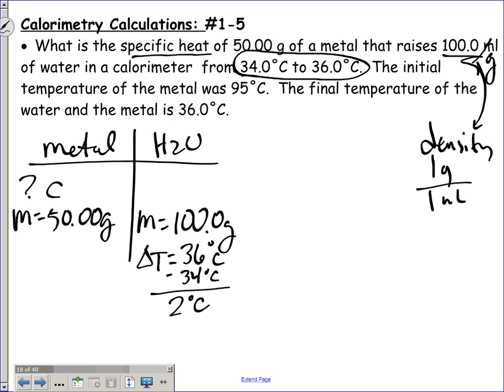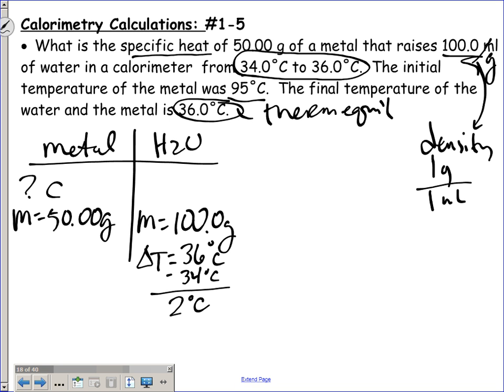So the initial temperature of the metal was 95. The final temperature of the water and the metal is 36. So before you tell me that value, why are they both stopping at the same temperature? What's the word for that? Thermal equilibrium, right? They have to come to the same temperature at the end, because if they're not at the same temperature, the heat's going to keep flowing from one to the other, and we're not done yet.